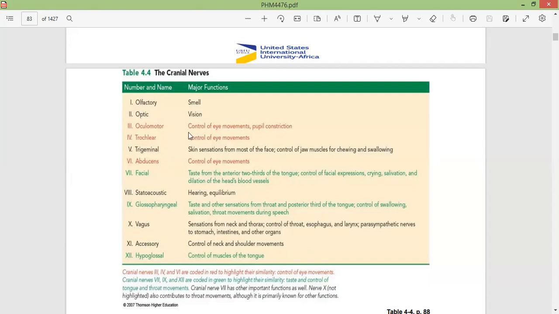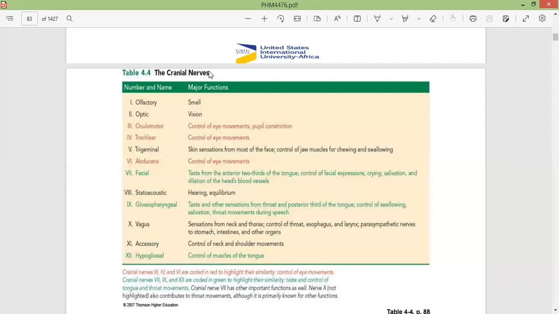VAH: olfactory, optic, oculomotor, trochlear, trigeminal, abducens, facial, vestibulocochlear, which is an old way, acoustic, or vestibulocochlear, glossopharyngeal, vagus, accessory, hypoglossal.